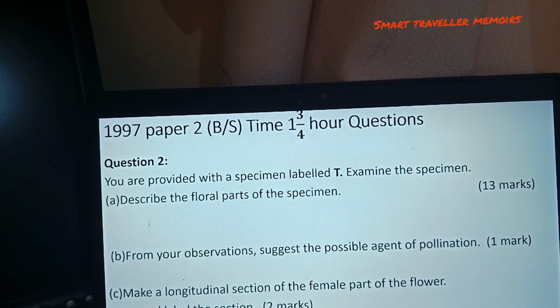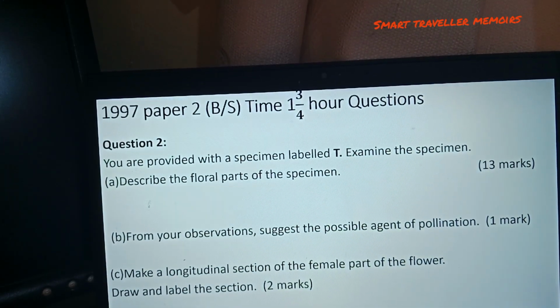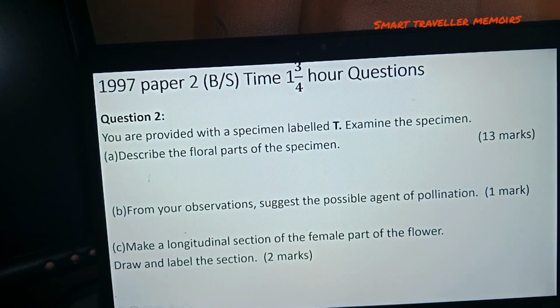Describe the floral parts of the specimen. From your observation, suggest the possible agent of pollination. Make a longitudinal section of the female part of the flower. Draw and label the section.